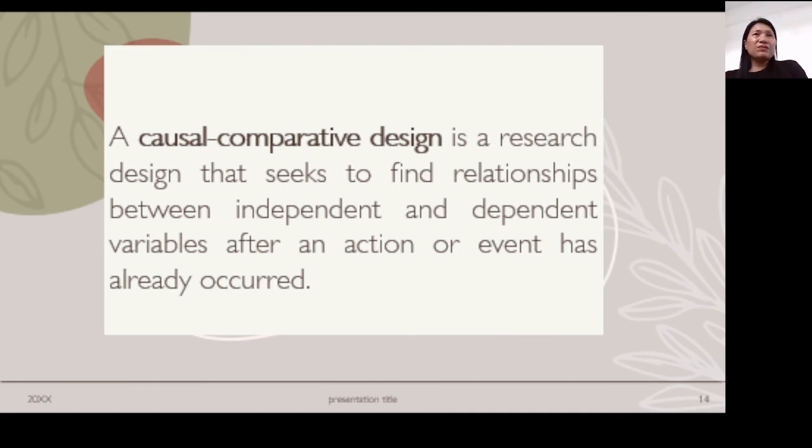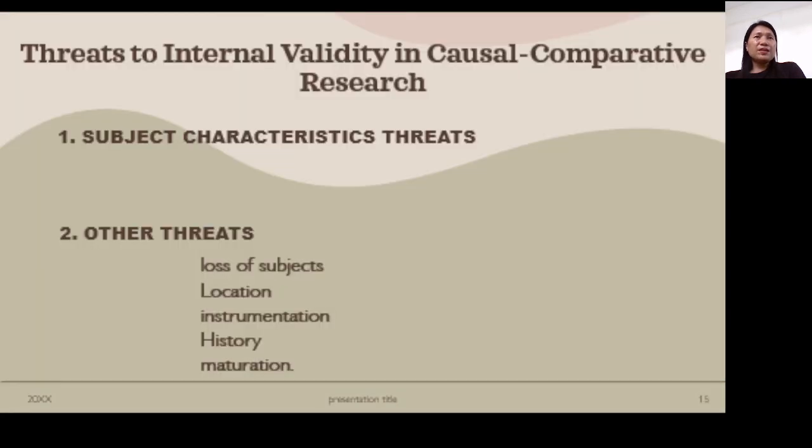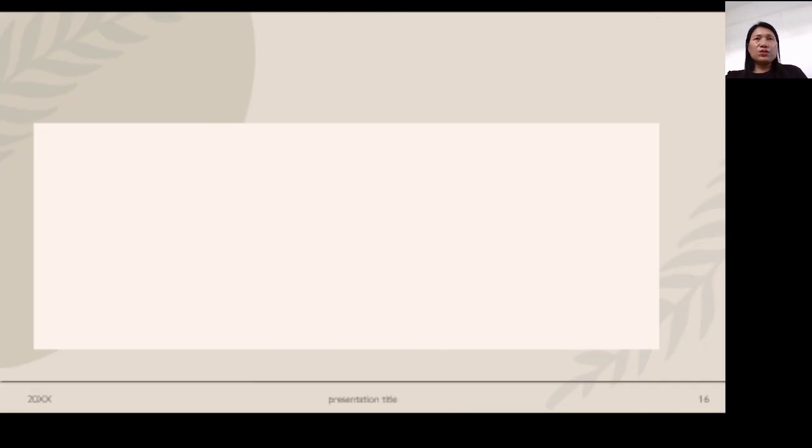The causal comparative design is a research design that seeks to find relationships between independent and dependent variables after an action or event has already occurred. There are threats to the internal validity in causal comparative research.